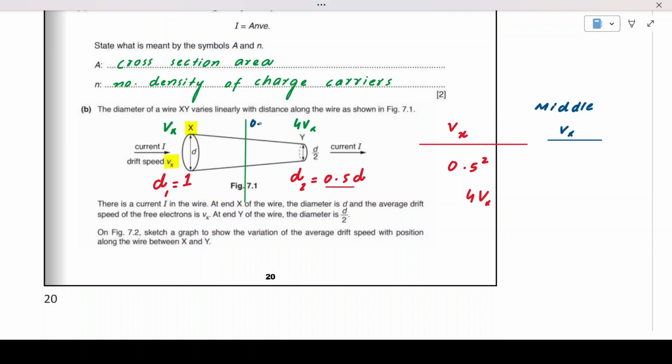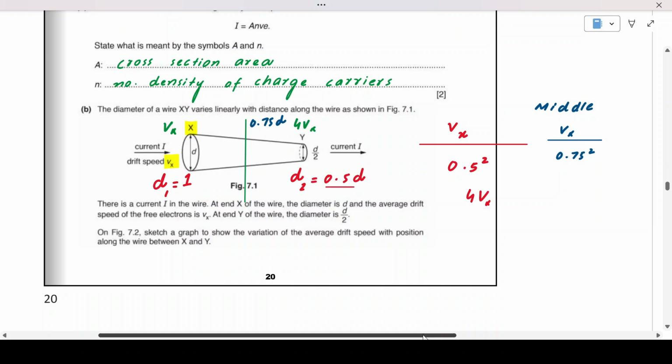So here we have 0.75d. So we'll use the shortcut, divided by 0.75 square. The coefficient of diameter in the denominator with the square. So if I write it on the calculator, 1 over 0.75 square.